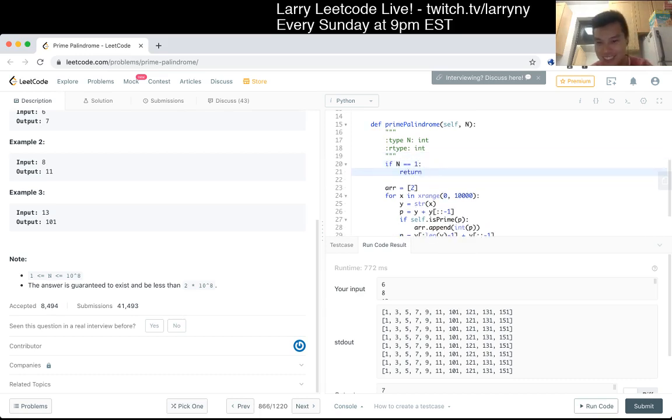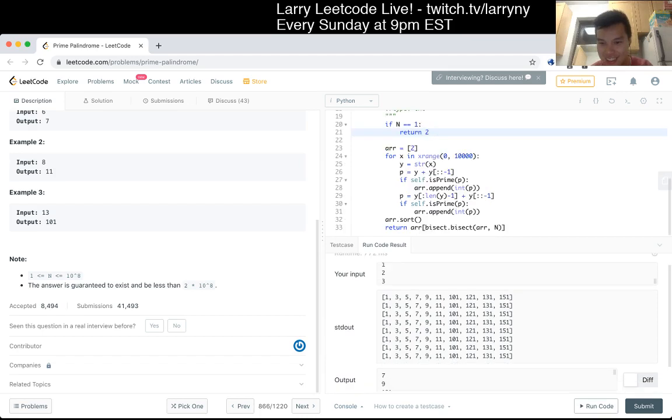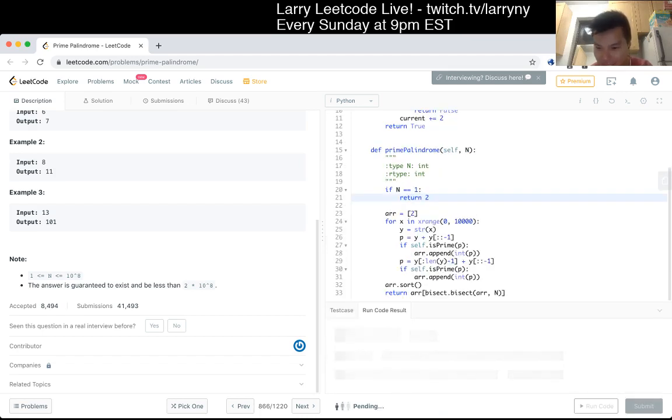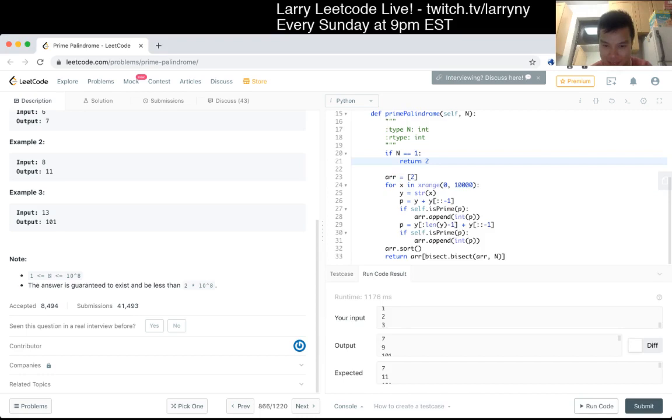Return 2, right? Because I don't have to. No, I didn't, I already removed the point. Huh. With 2, I output 3. And for 3, I output 5.